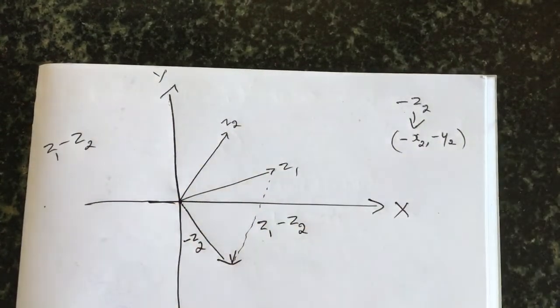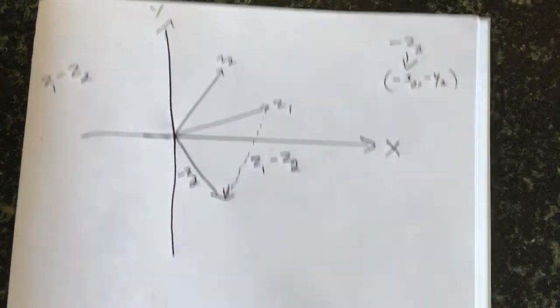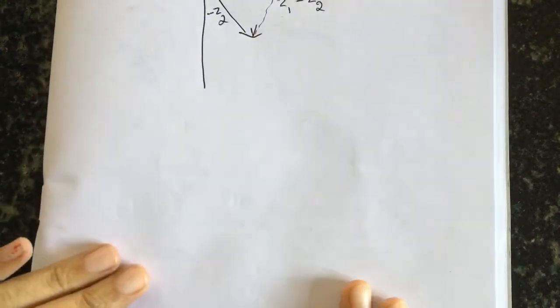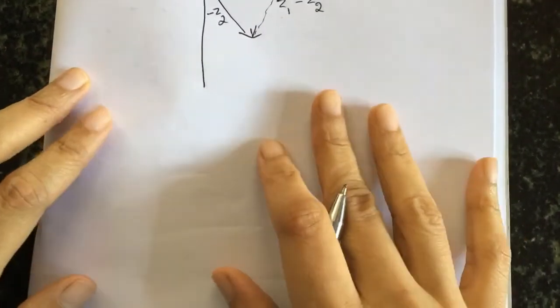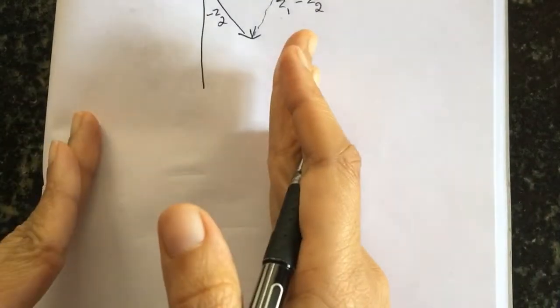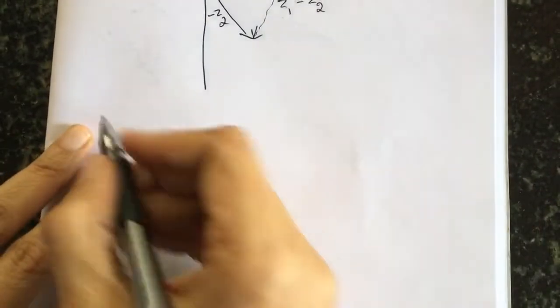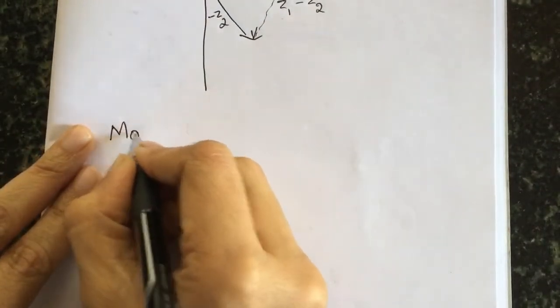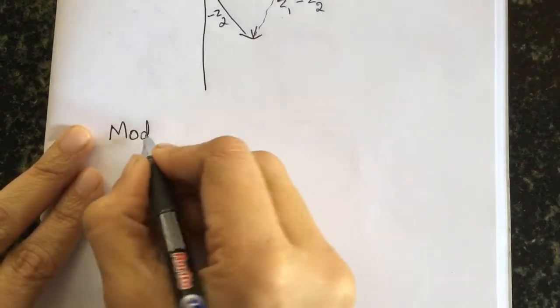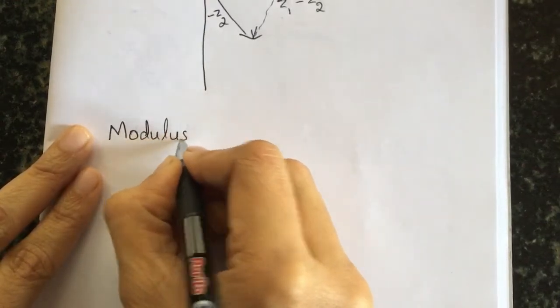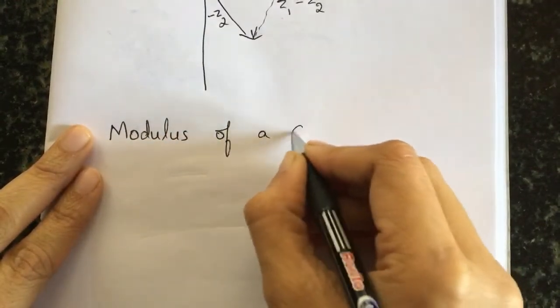Now this vector representation of a complex number is helpful in finding the absolute value of a complex number. What does it mean? Absolute value means the modulus of a complex number.